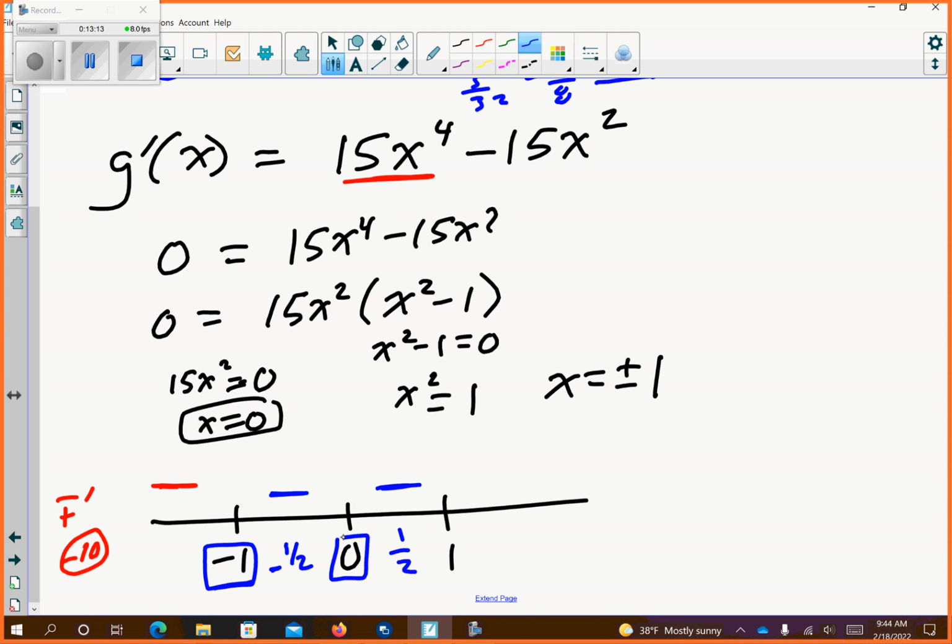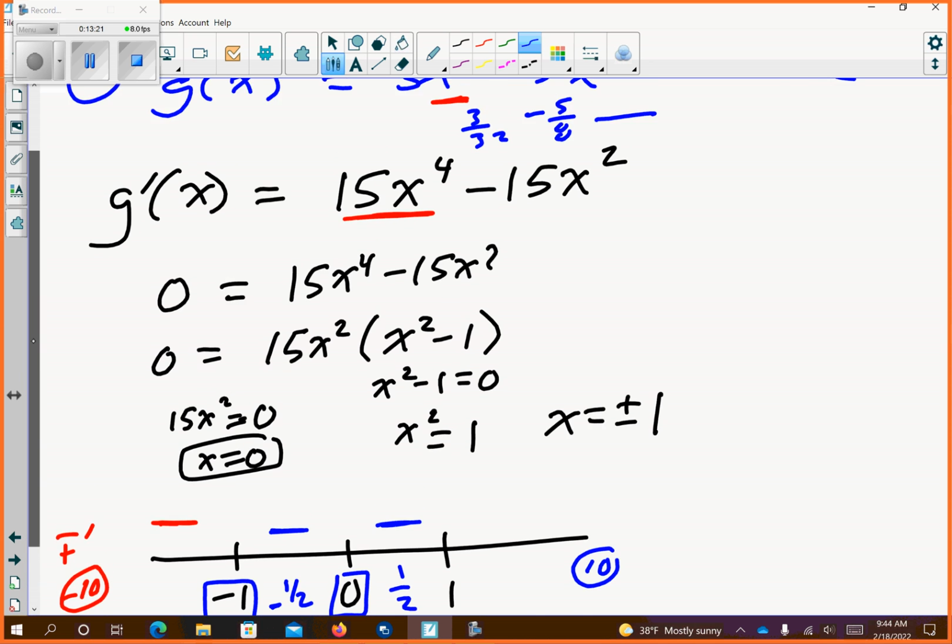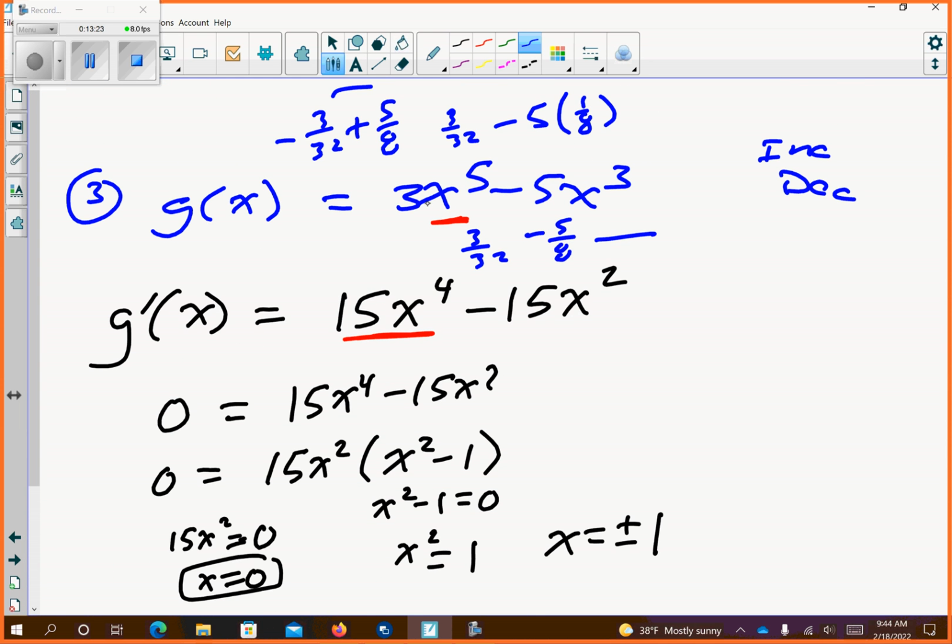Ooh, this is a kind of a tricky looking thing. All right, and then if I pick, say, 10, 10's way over here, plug 10 into our original, that's a really big number. Okay, that's 10 to the 5th, 100,000, so that's 300,000.